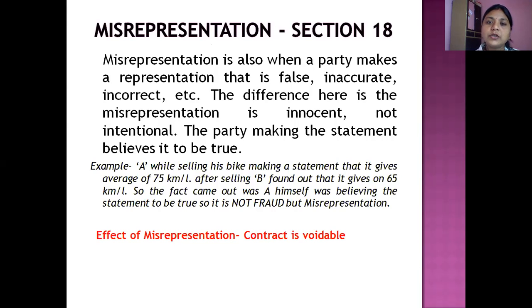Misrepresentation. It is also when a party makes a representation that is false, inaccurate, incorrect, etc. The difference here is that misrepresentation is innocent, not intentional. If misrepresentation is intentional, it turns into fraud. In misrepresentation, the party himself believes the statement he is making is true.